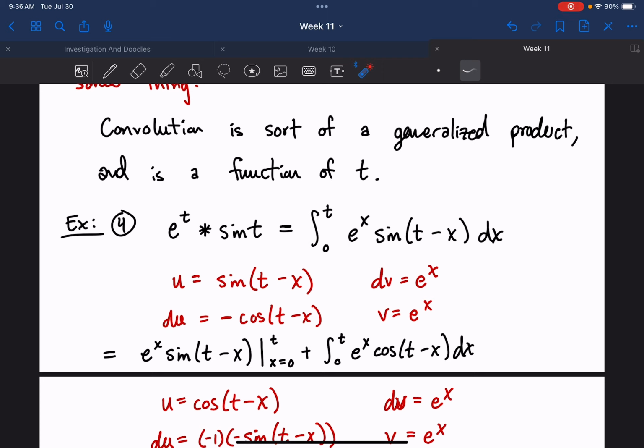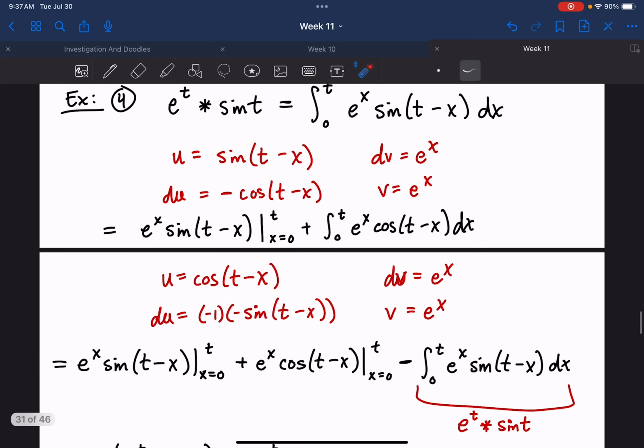So we do the first integration by parts. We put the trig functions in the u column, so we're going to have to do that again later. Again, we get u times v minus v du. This is the first integration by parts. And now we need to run integration by parts on this chunk, so we do that again. Make sure we put the trigs in the same column.